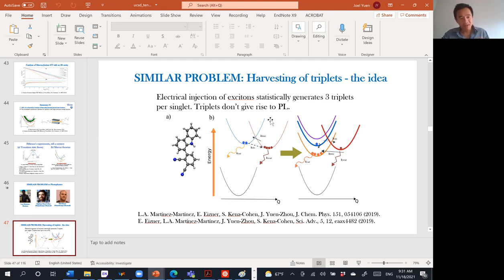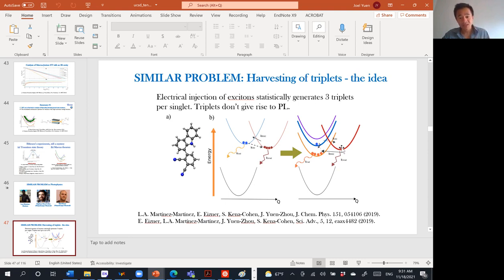The problem about this process is that often it's a little bit inefficient because most of the excitons that are formed are triplet excitons. So 75% by spin statistics are triplet excitons that don't emit light.